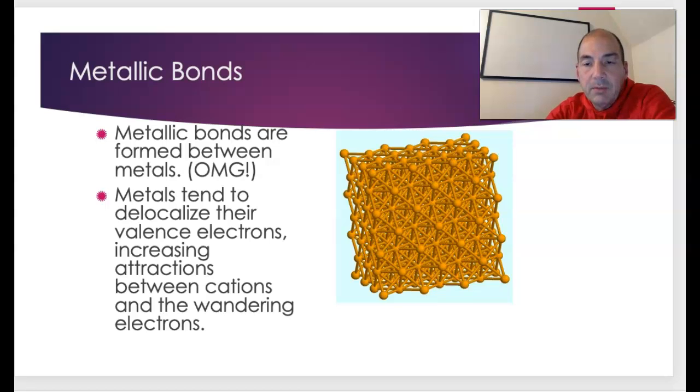I think we used that term before. Metals have very loose valence electrons, and so those electrons can kind of almost float off. Sometimes they use the term a sea of electrons, that the metal cations are floating around in it. Okay, but in any event, when we talk about a metallic bond, it's just a metal to a metal, and it's somewhere in between covalent and ionic.